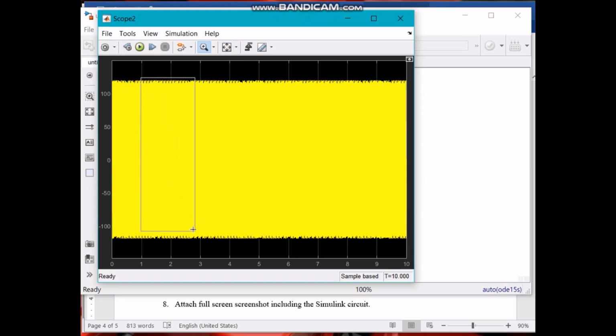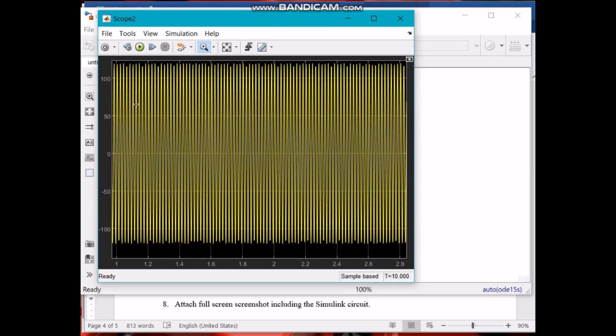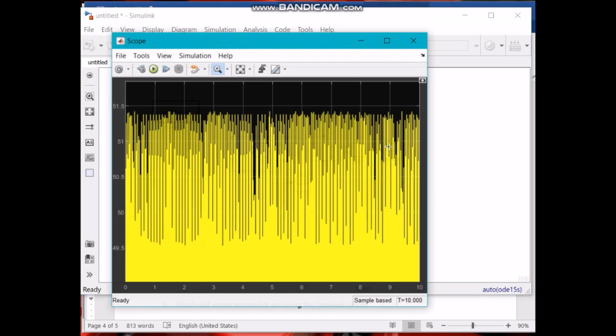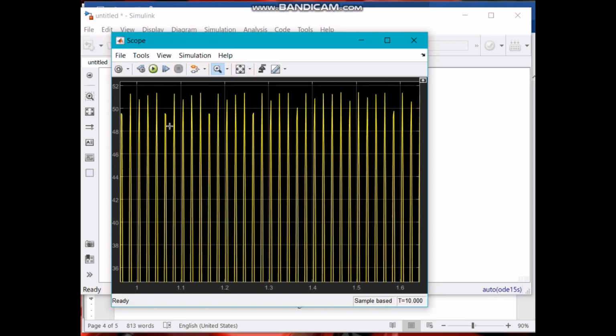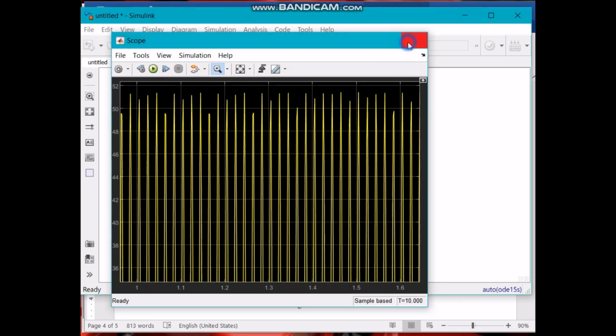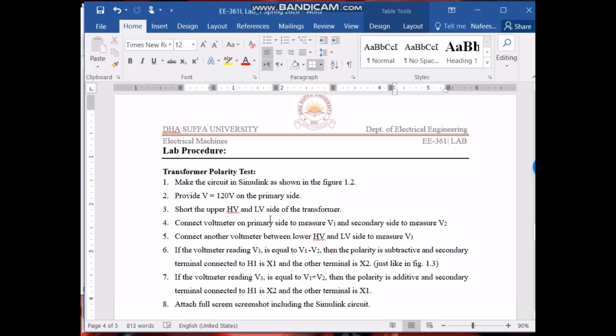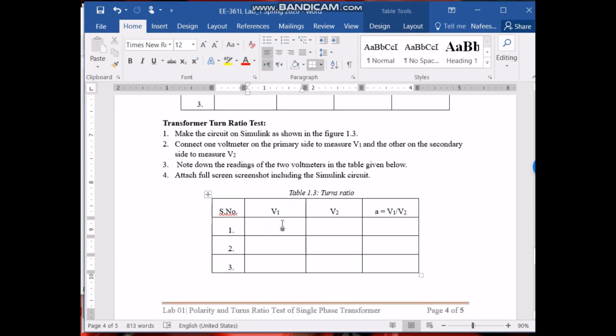Okay, so voltage at the primary side is around 120. And voltage at the secondary side is around 51, 52. So voltage V1 is around 120, voltage V2 is around 52. So turn ratio is basically 120 divided by 52. So how much is that?